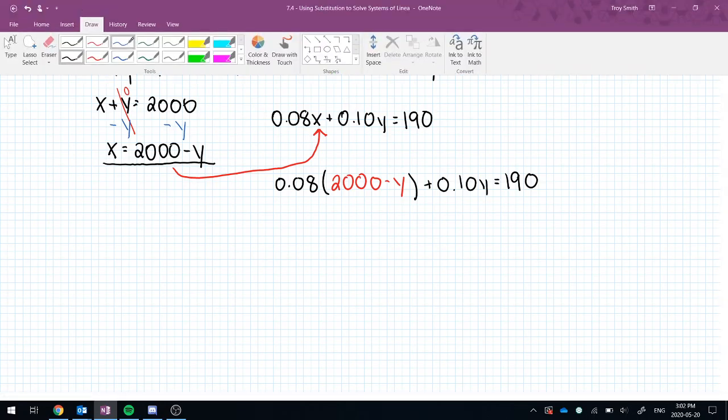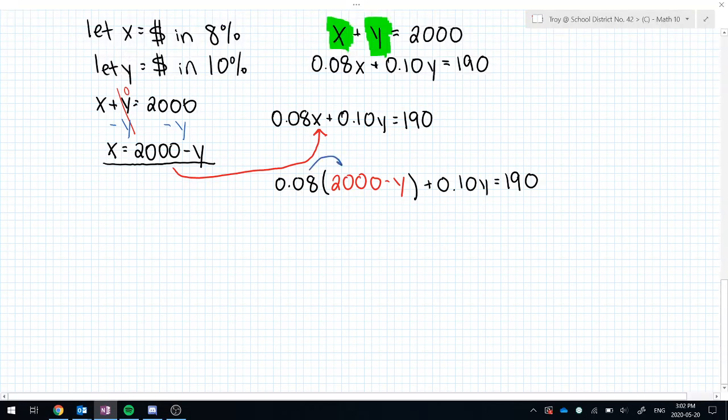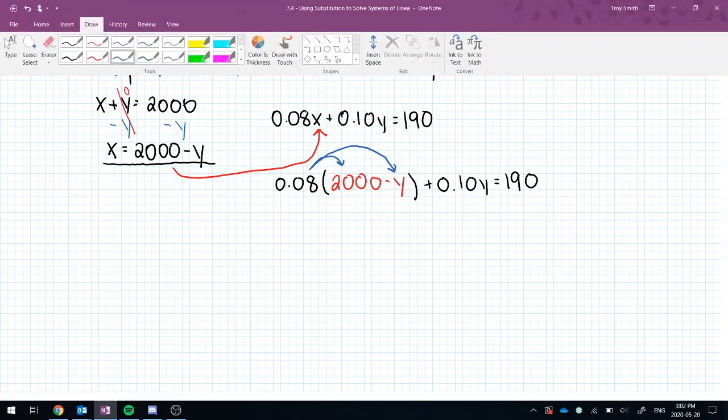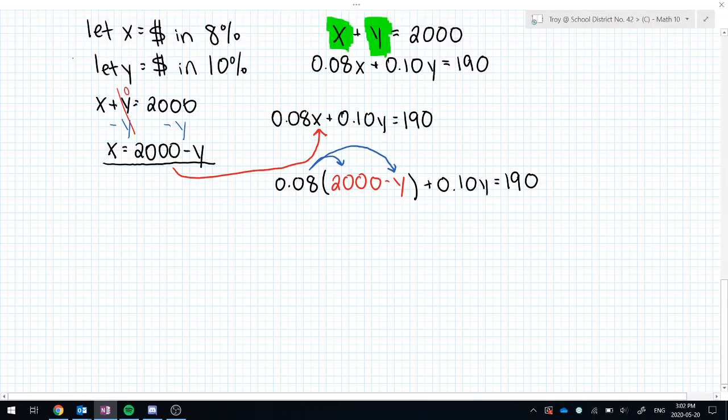So we just have to use our algebra for this now. I'm going to begin by using my distributive property right here. So if you write that out, 2,000 times 0.08 gives you 160. And then that's going to be minus 0.08y plus 0.10y equals 190.